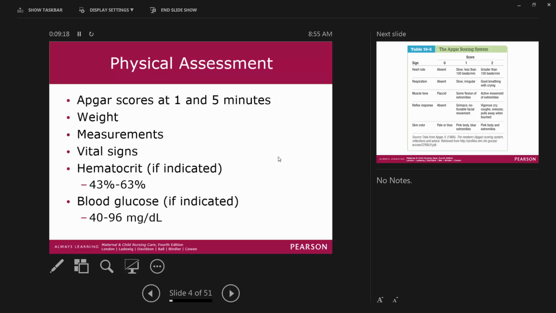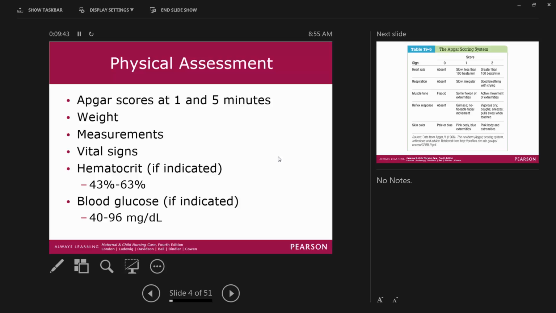We can do almost everything on mom's chest. We can give meds, assess heart rates, take temperatures, listen to bowel sounds, we can do just about anything on mom's chest. So anyways, we do APGAR scores at 1 and 5 minutes. I'm going to show you what APGAR scores are.